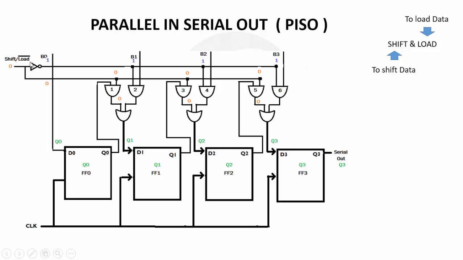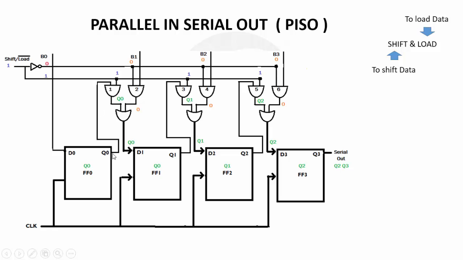Now we will make the shift or load bar bit equal to 1. Now AND gates number 2, 4 and 6 will give us output 0, and AND gates number 1, 3 and 5, which have one input as 1 and another input connected to the output of the flip-flop just before them.